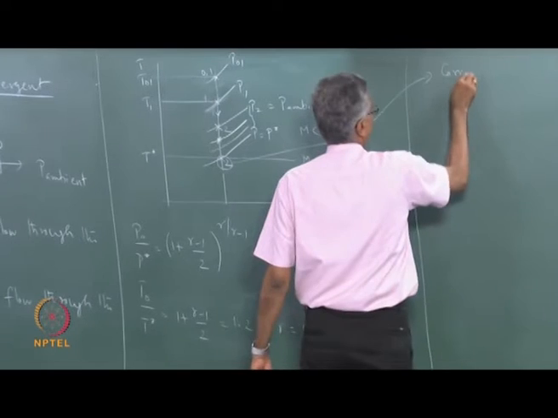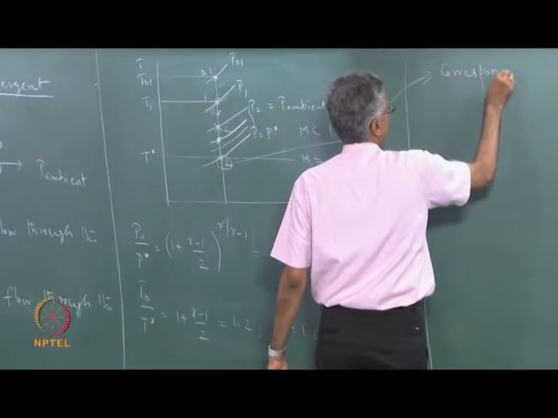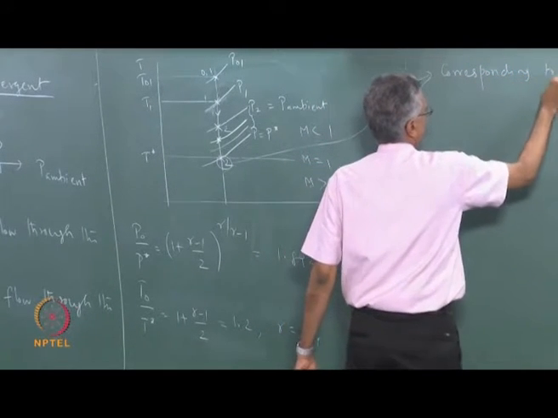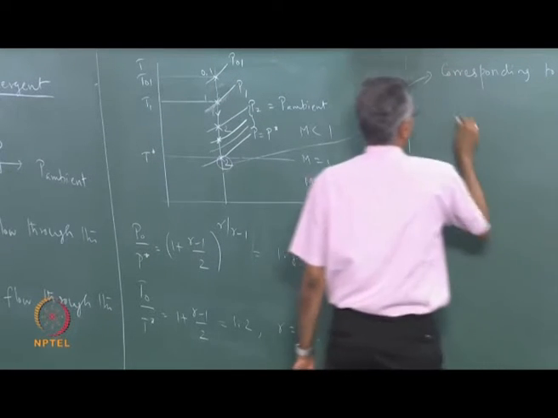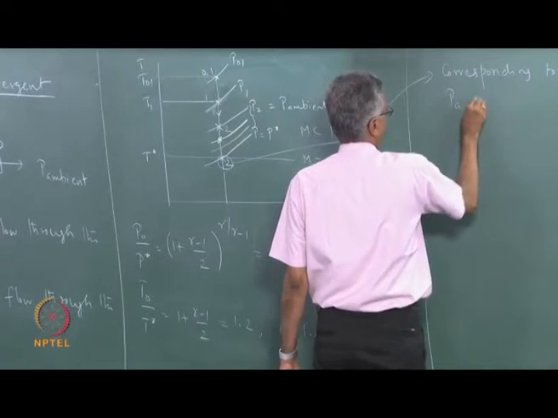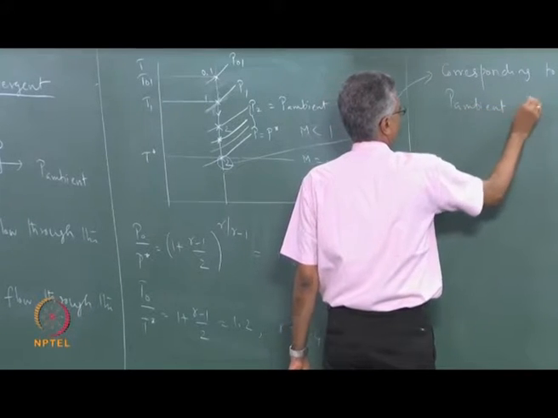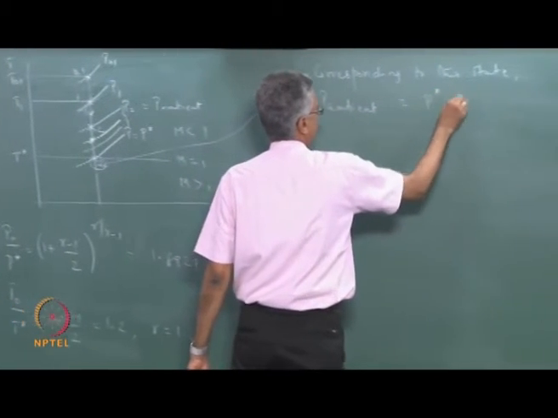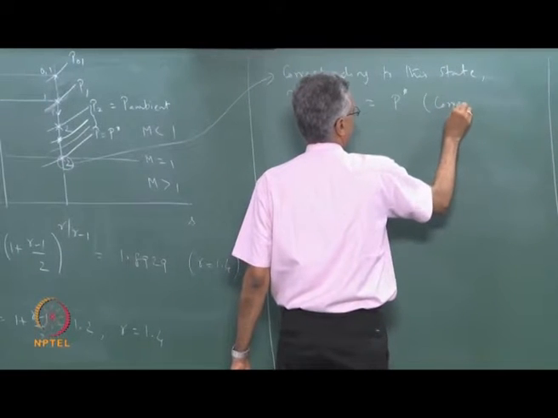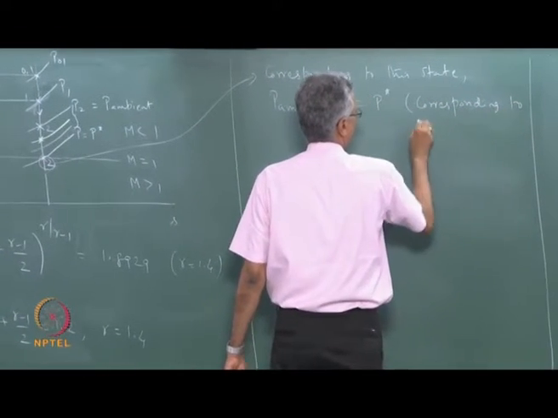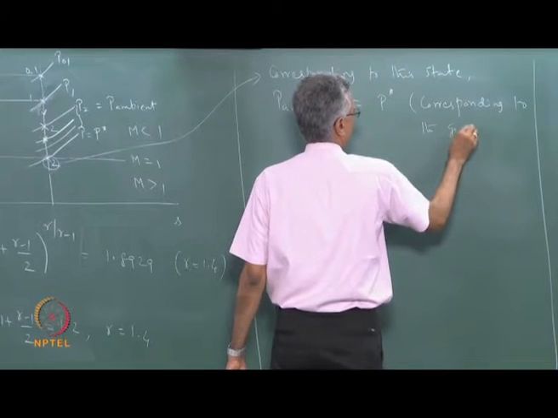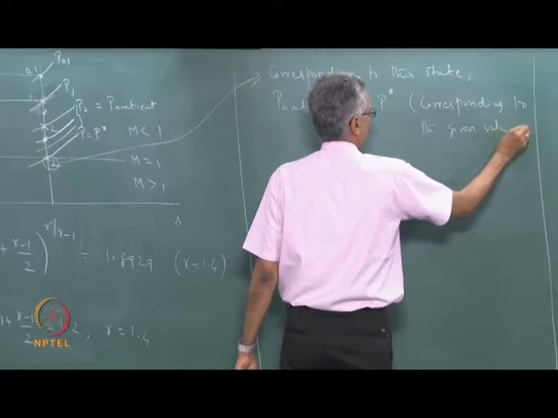Okay. So corresponding to this state, let me write it here. P ambient becomes equal to P star corresponding to the given value of P naught.